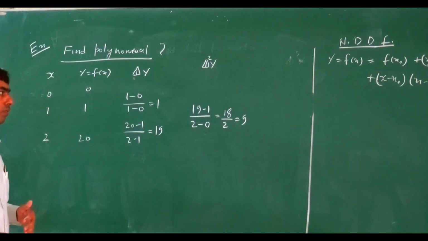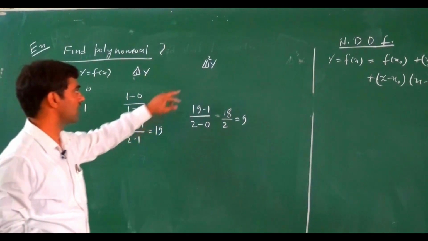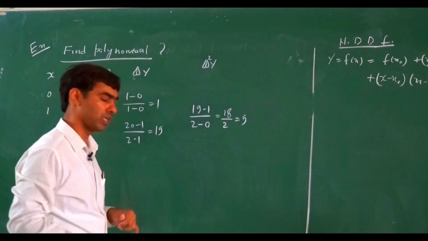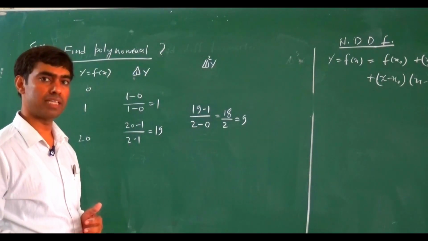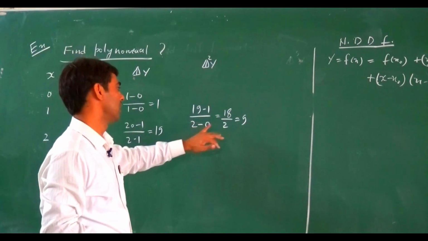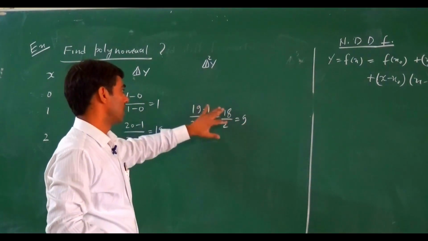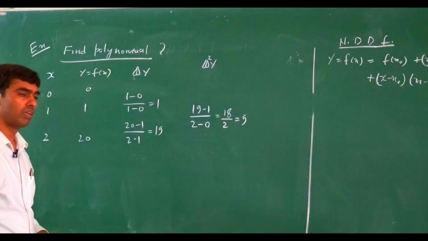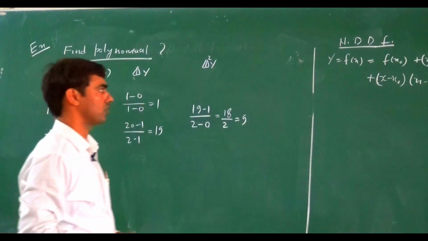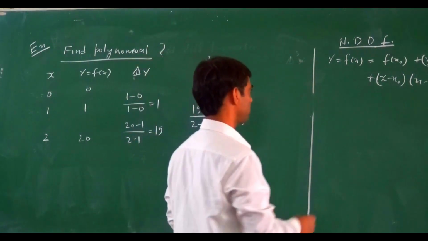So what is the degree of the polynomial? The degree of the polynomial is 2, because the second order difference is a constant. We know that the nth divided difference of an nth degree polynomial is a constant. So this tabular data satisfies an nth degree polynomial, meaning a second degree polynomial.